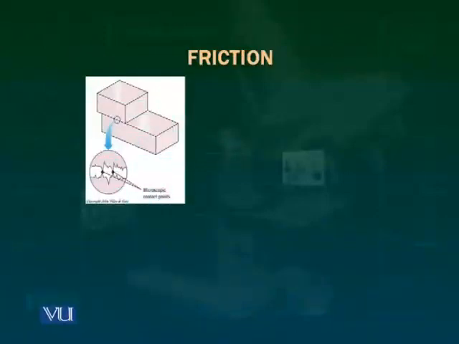Now, for example, this is a box, and I want to move it in this direction. Then there is something which is preventing it from moving in this direction. That has to be in the opposite direction, and we call it friction. Friction is basically a force that acts in a direction opposite to that of movement.